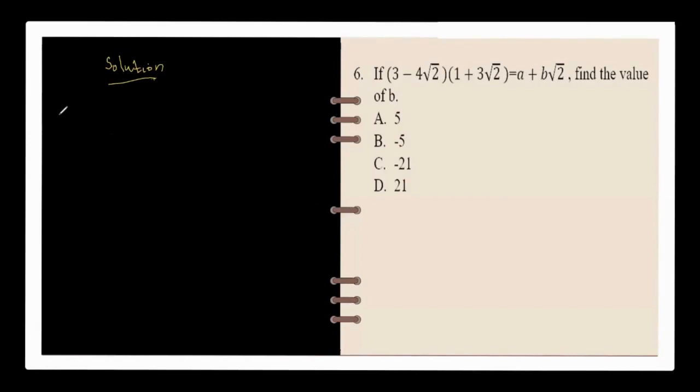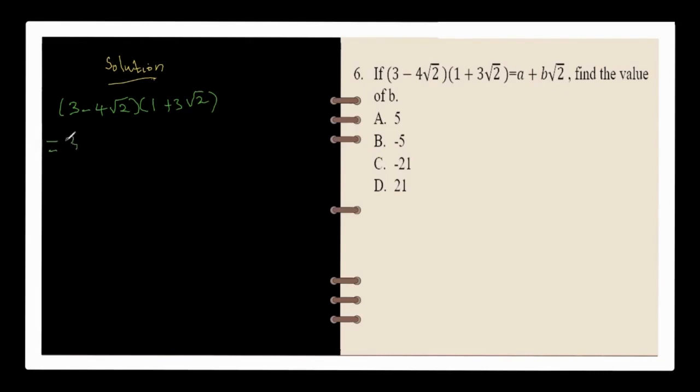Question 6 is a surd. So we want to multiply those two surds. The first bracket, 3 minus 4 root 2. We use it to multiply 1 plus 3 root 2 and put it in the form a plus b root 2, and then move on to find the value of b. So we have 3 minus 4 root 2 multiplied by 1 plus 3 root 2.